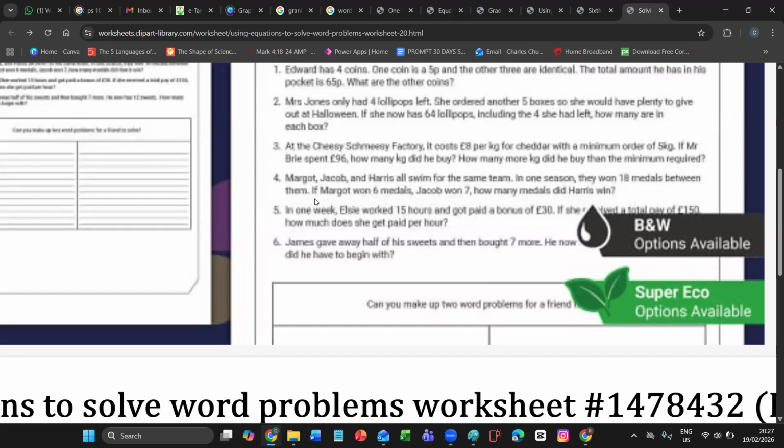Question is, how many medals did Harris win? That one is simple now. It will be 5, isn't it? Yes, sir. So this one does not need any writing. 6 plus 7 is 13, and 13 plus 5 is what will give you 18.